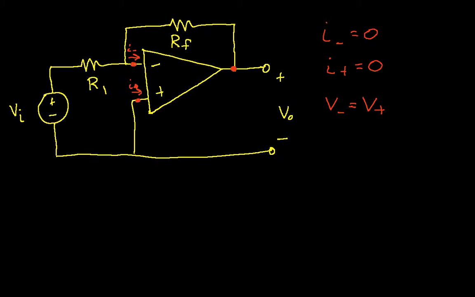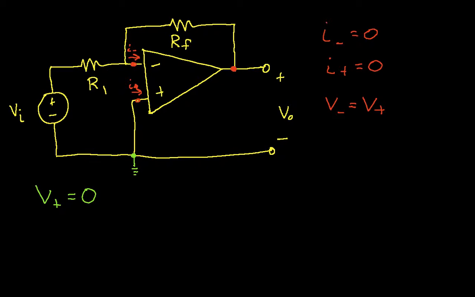First we'll look at figuring out what V plus is. Well, V plus is connected down here, and I should have pointed out this is our ground node or our reference node. So V plus is connected to ground, so it's equal to 0 volts.